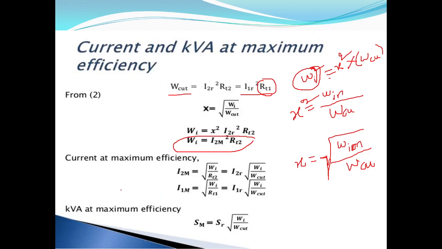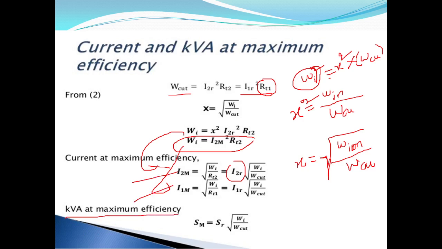So, the current at maximum efficiency. With the help of these two equations, we write I2m as I2 into the square root of Wi upon Wc, that is iron losses upon copper losses. This gives the primary side and secondary side currents at maximum efficiency.